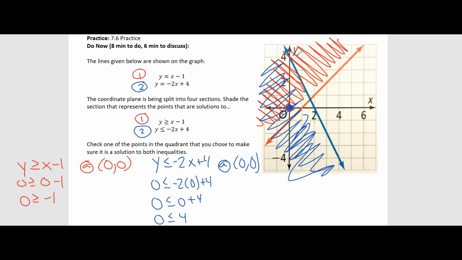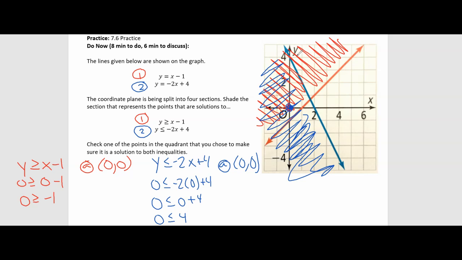So if I think about these individually, right, I've shown what the solutions are to each of these by themselves. If I want to show the solutions to the system of these linear inequalities, well, I'm going to look for where the overlap is, right? So where is the shading from both inequalities?